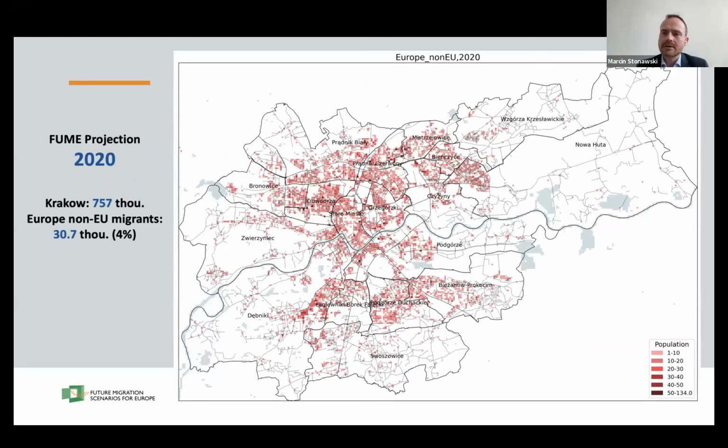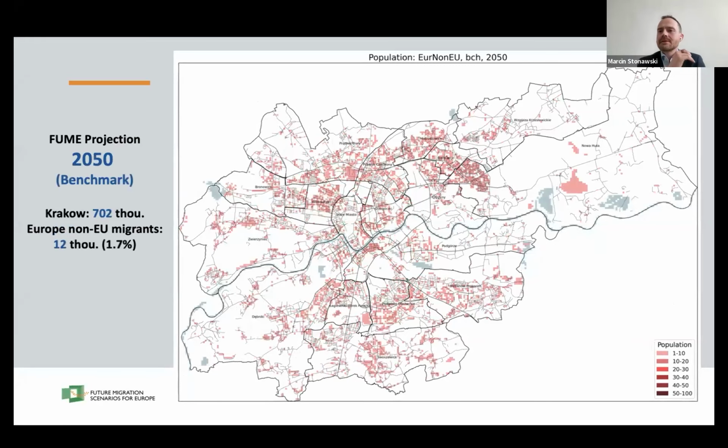We are still working on different scenarios, and here we have the situation in Krakow in 2020 with 760,000 people and 30.7 thousand immigrants from non-EU, so it's 4%.